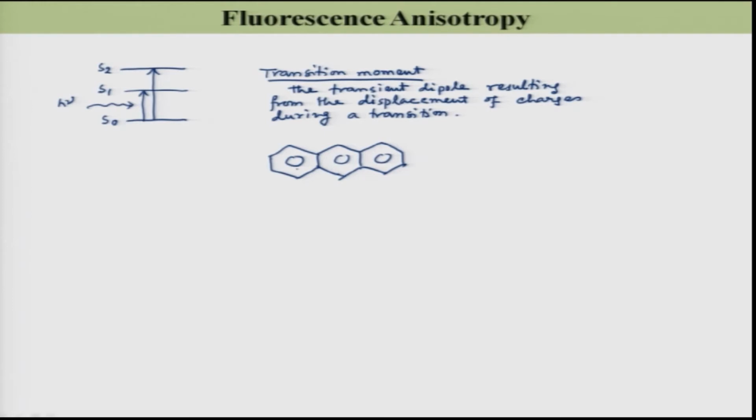For these transitions there will obviously be a change in the electron density of this molecule, from HOMO to LUMO or HOMO to LUMO plus 1, depending on the situation.